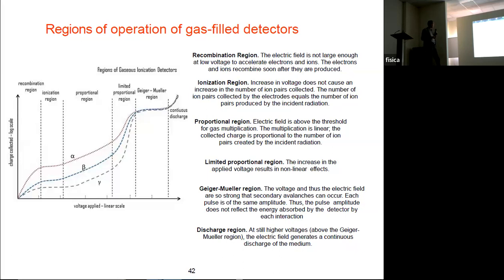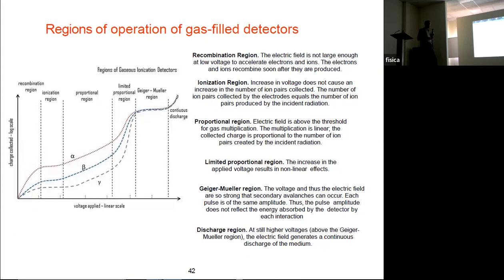The fifth region is called the Geiger-Mueller region, and in this area, pretty simple and well-known devices, which are called Geiger-Mueller counters, operate.